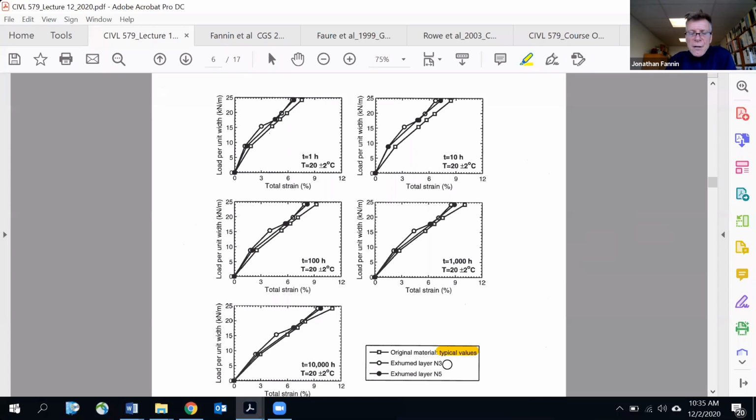Now, I thought it was layer number 6, but it looks like it was layers 3 and 5. I guess we must have mixed and matched between them, so I stand corrected there. And the manufacturer said, we can do that, it's that easy, we can do it in our labs. And I said to Mark Wayne at Tensar, I think it'll be more credible if you put a bit of budget into it and have the isochronous load strain curves done at a third-party lab.